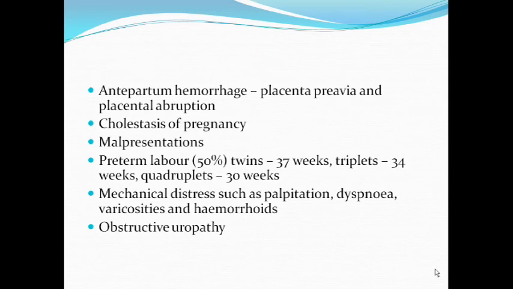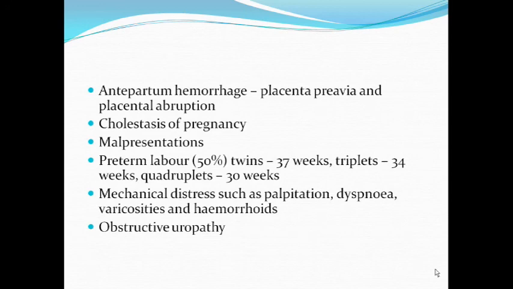Antepartum hemorrhage and placenta previa, because of the big placenta, chances of previa will be increased. Placental abruption will be increased, particularly after the delivery of the first baby, because of sudden decompression of the uterine wall.